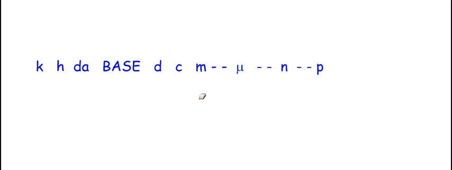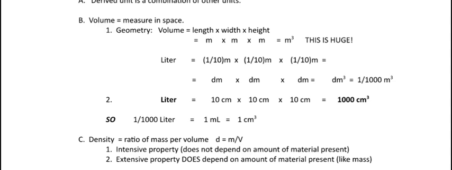So if there's 1,000 milliliters in 1 liter and 1,000 cubic centimeters in 1 liter, guess what? This is important. We have 1 milliliter is equal to 1 cubic centimeter. So underline this, circle this, highlight this, star this, whatever it takes to know this, okay? That's a very, very important relationship.